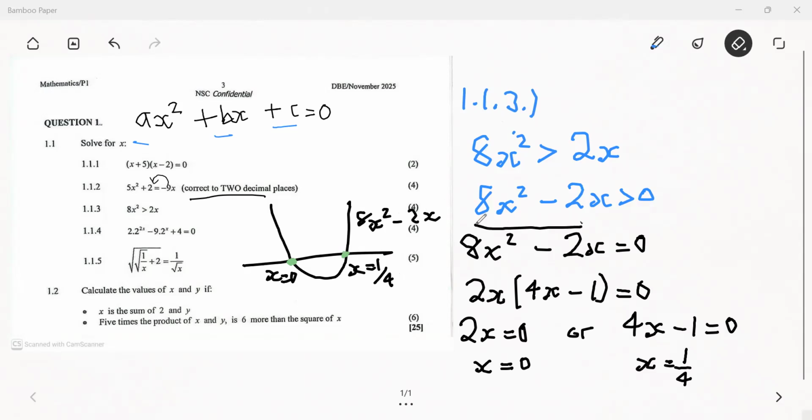What is this inequality saying? This inequality is saying we're looking for where 8x squared minus 2x is above 0, greater than 0. The 0 line is always the x-axis. The 0 line of any function is the x-axis. So when they're saying this is the line x equals 0, I mean, this is the line y equals 0.